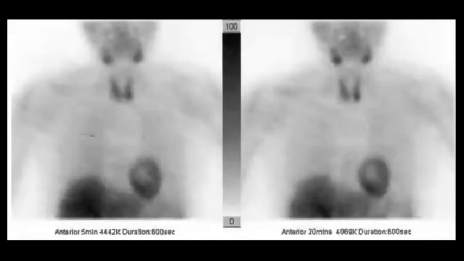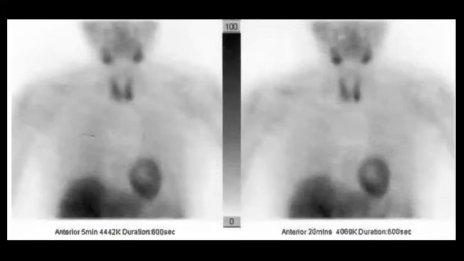So what happened in this case? You can see that there is physiological uptake in the salivary glands. Yes, and also in the thyroid gland. But you can see that there is a marked focus of increased uptake in the left side of the left thyroid lobe.